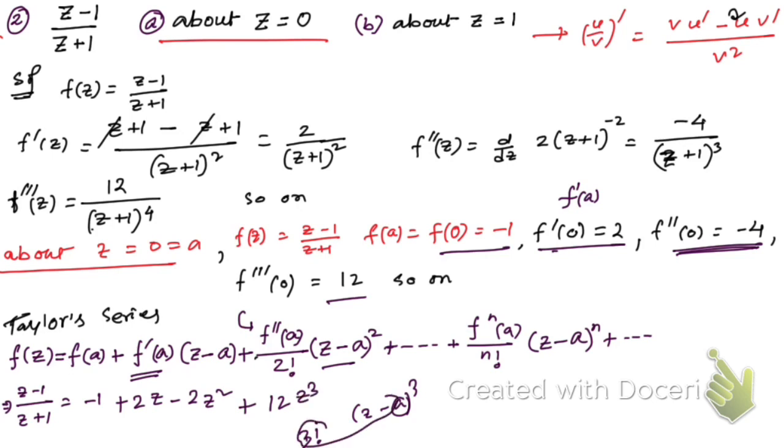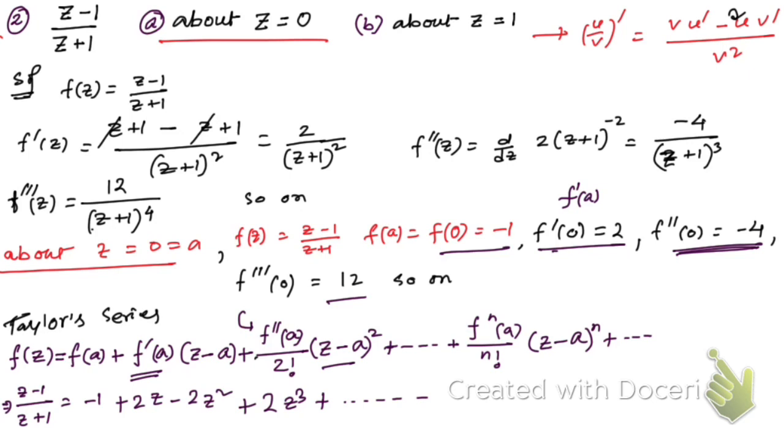Factorial 3 is nothing but 3 into 2 into 1, which is 6, and 12 by 6 is 2, so here it's going to be 2z cube, and plus dot dot dot and so on.